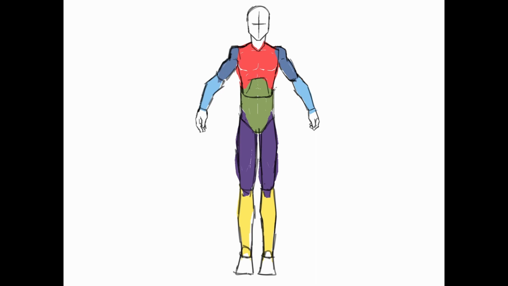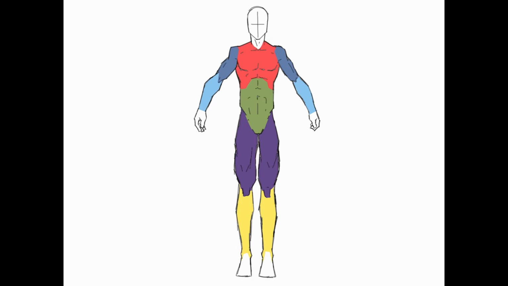Learning the body groups and the shapes that you will be using to draw these body groups makes things so much easier, makes things not too hard to focus on. Because when you have fewer, bigger shapes to start off with before you get into the high definition, it makes things easier. It's an easier starting point, right?